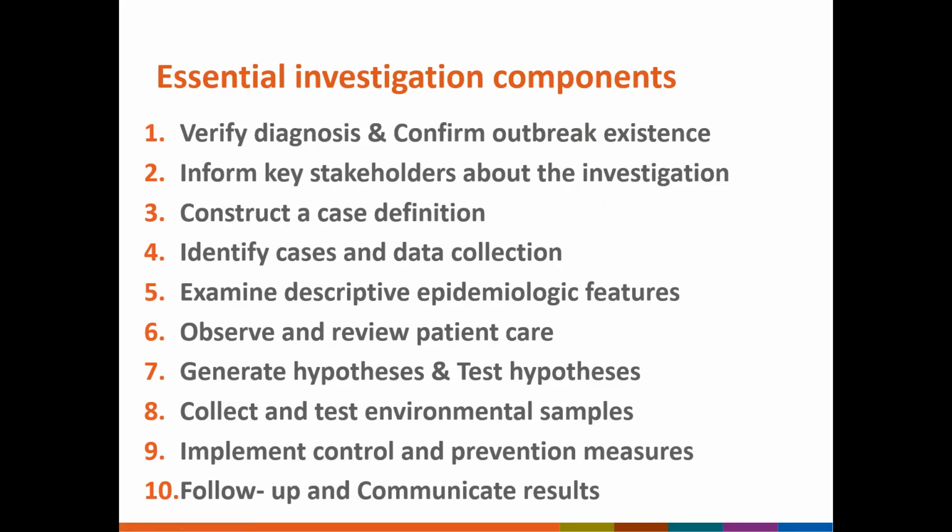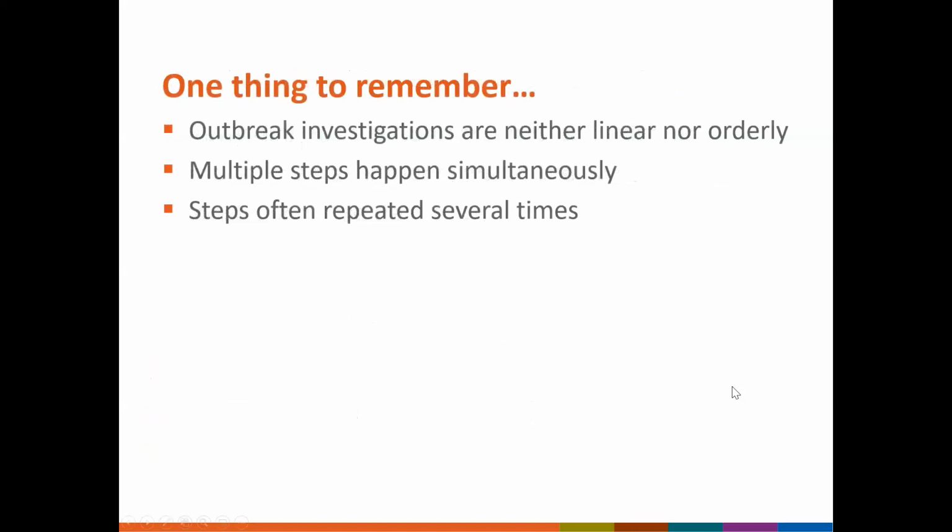Seventh is generating and testing hypotheses. Eighth, collecting and testing environmental samples. Ninth, implementing control and prevention measures. And the tenth step is following up and communicating the results to the key stakeholders, which includes the patients. Now let us see each step, how we do it.